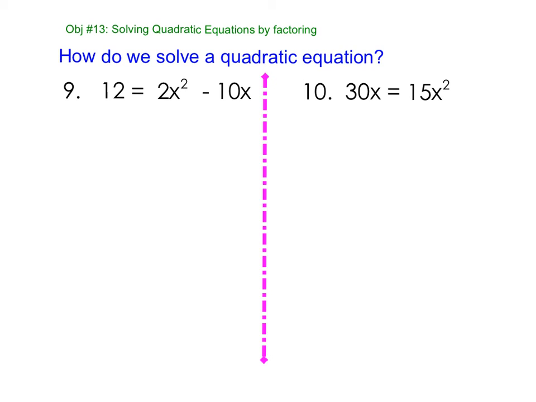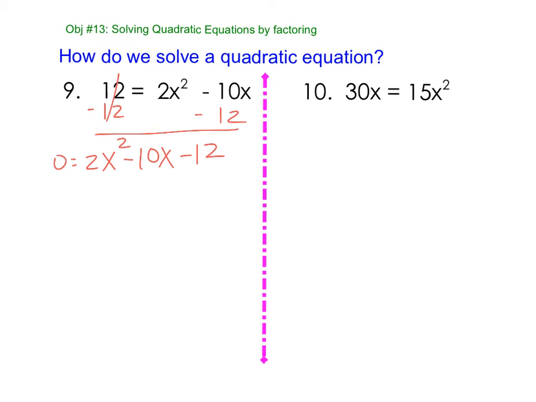Right. Just like in number 9, we need to subtract. So I'm going to minus 12 on both sides. So 2x squared minus 10x minus 12. Now, this one is not a slide. It looks like it. But before we try a slide, what are we supposed to check?